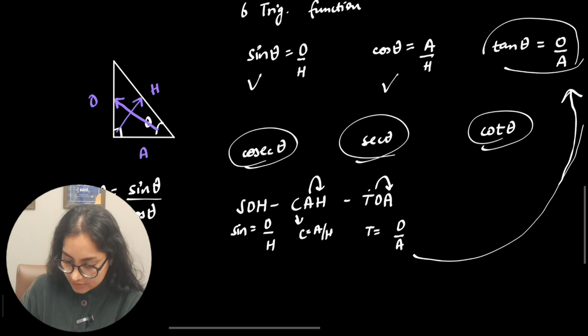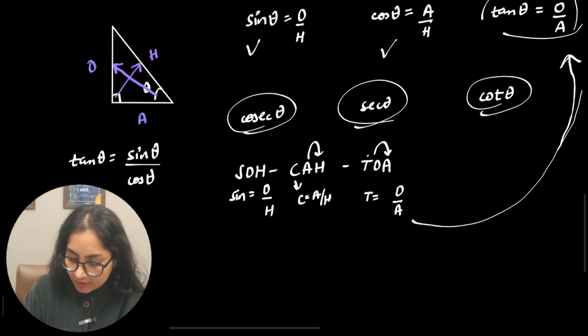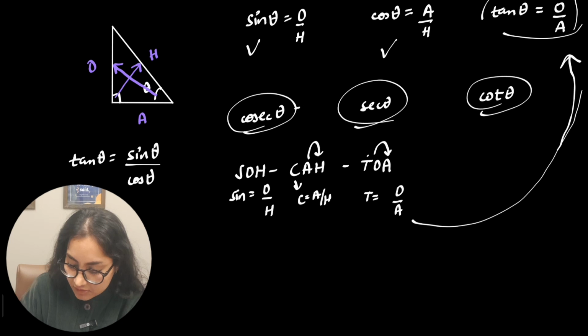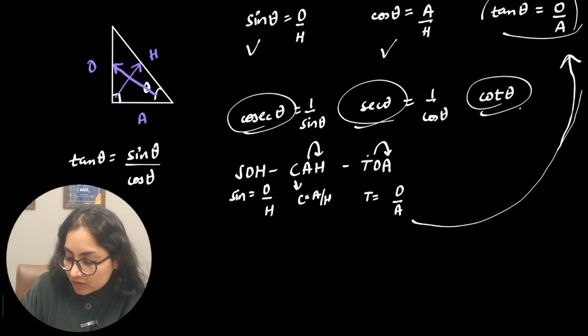Now cosecant theta, why I said you don't need to remember cosecant theta is because it's the inverse of sine theta. Secant theta is the inverse of cos theta, and cot theta is the inverse of tangent theta.